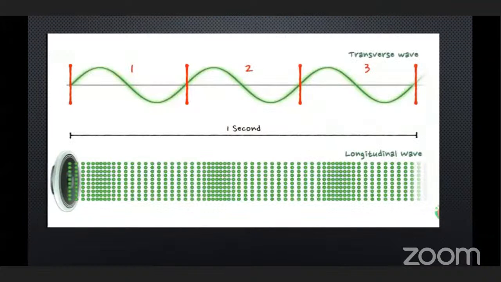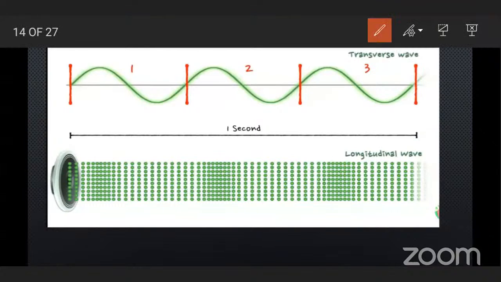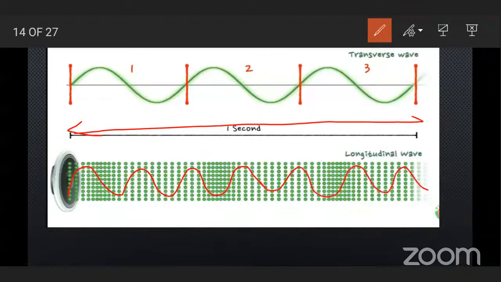So you can see here, these are longitudinal waves and transverse waves. We know that sound is propagated through a medium and it travels in the form of waves like this. Okay. And here you can see in this 1 second, this object completed 1, 2, 3 oscillations.